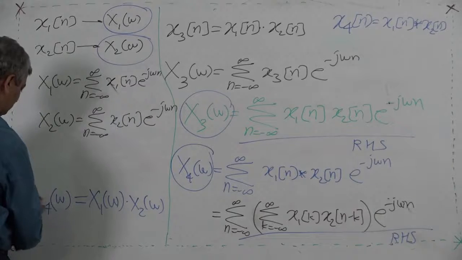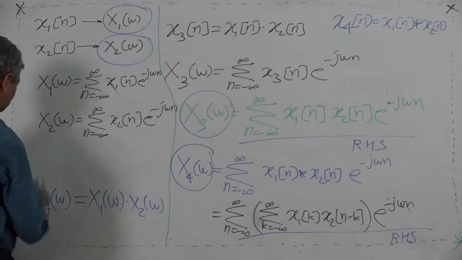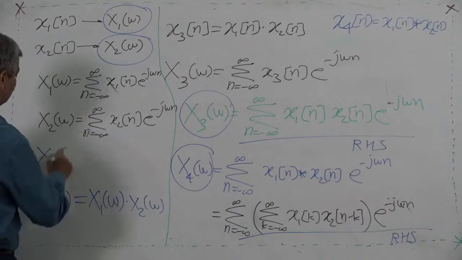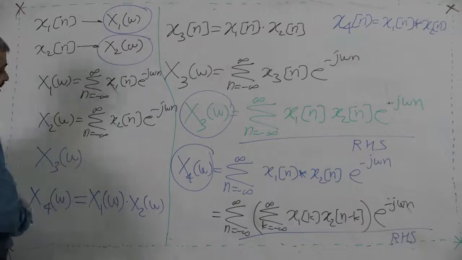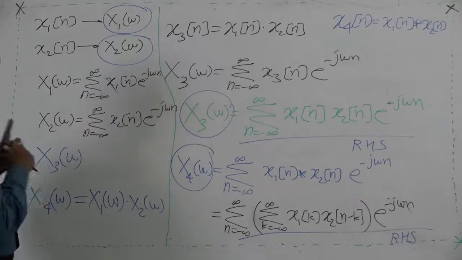And what is x3[n]? This x is capital, I forgot. x3[n] is the sample to sample multiplication of sequences.